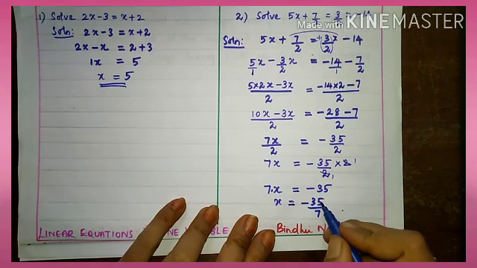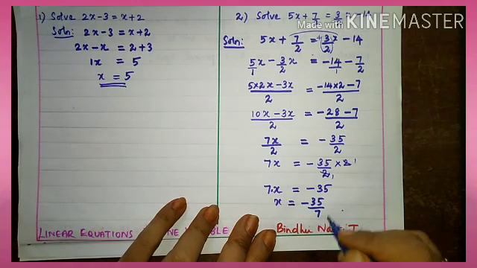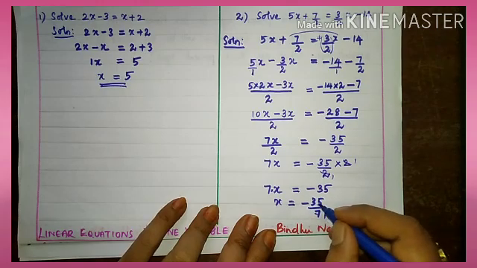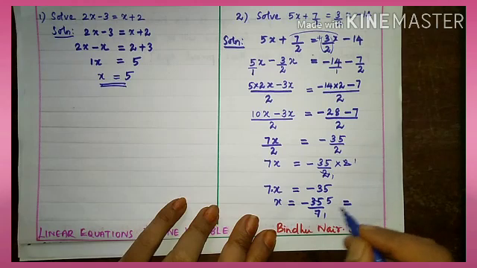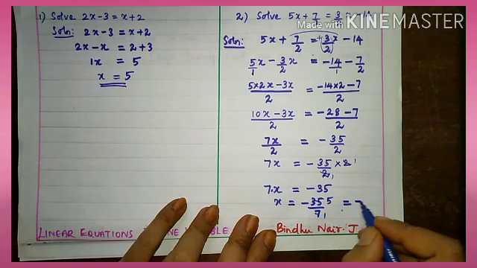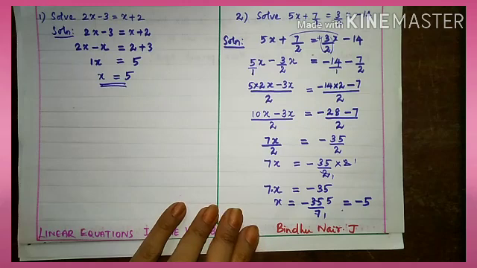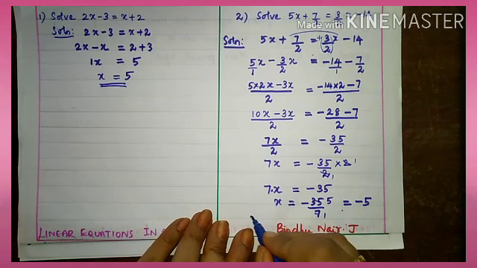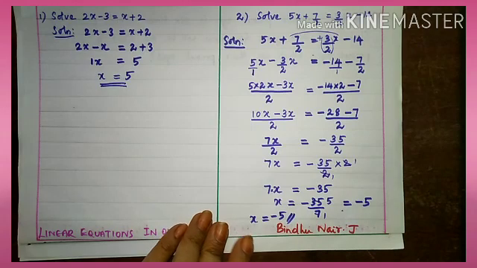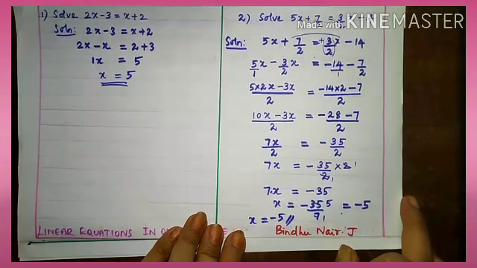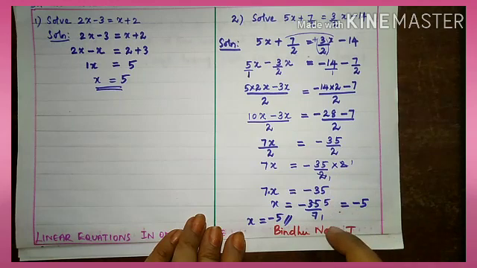How many 7s are 35? 5 7s are 35. So 1 7 is 7, 5 7s are 35. Thus we are getting minus 5 by 1, that is minus 5. So what is the required solution? x is equal to minus 5. Understood, children? So this type of problem you want to do very carefully. You want to find the LCM and do the calculations very carefully.